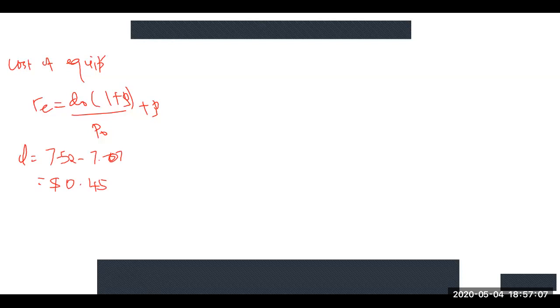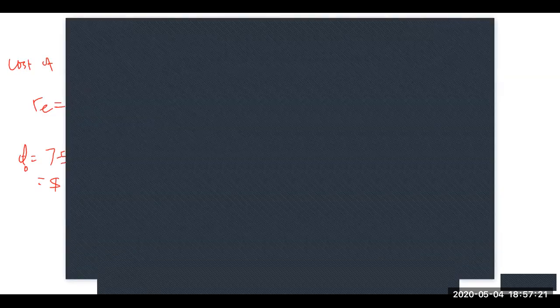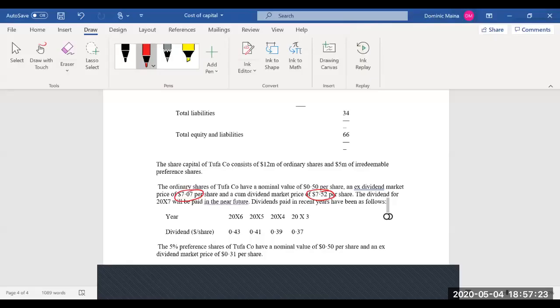So is this D naught or D1? It's D naught. Okay, let me stop there so that I can critique what you have just done. Has this dividend been paid or not paid yet? It will be paid in the near future. So is that D naught or D1?